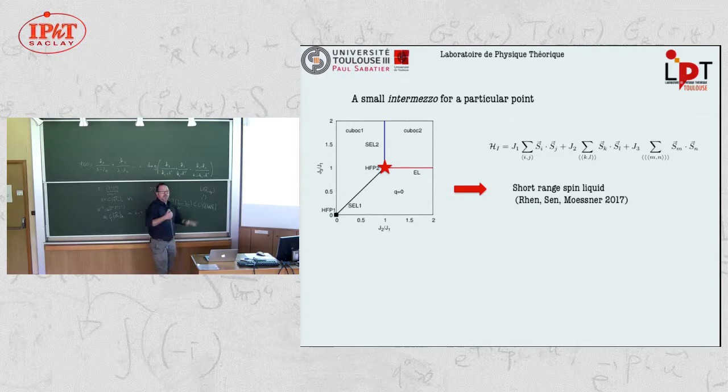And I'm talking classically, of course, again. For example, for the isotropic model, it's known to be a classical short-range spin liquid with no selection of any kind, in contrast to what happens in the Kagome model here, where you have selection of a coplanar configuration. I advise you to read this very nice paper by Moessner's group of last year about that.